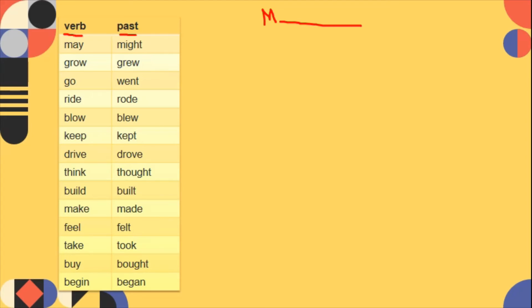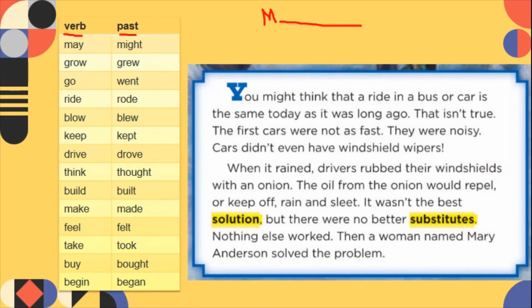Now what are these? First, let's see in this paragraph, I want you to find with me the verb and its form in the past. For example, here the word might, this verb, this is in the past. Now the original form of this verb is may. So may becomes might. Now I want you to make a list.